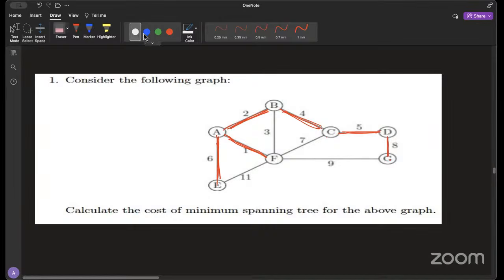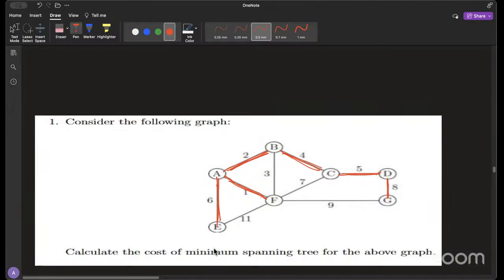You have to start with the minimum edge, unless mentioned, because here it is not mentioned which algorithm we need to use. That's why we use the simpler one. Kruskal's algorithm is comparatively simpler compared to Prim's algorithm. You just have to arrange these edges in ascending order and then choose them in such a manner that there's no cycle. So it's just easier. That's my suggestion. If you want to do it Prim's way, we can do that too.